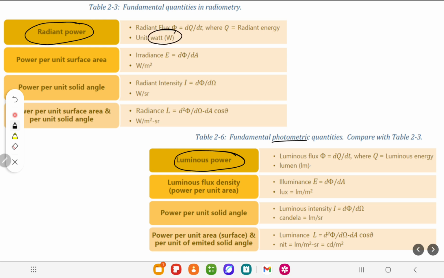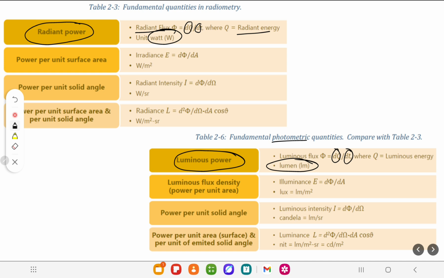But in the case of photometry, we call it lumen. In radiometry, radiant flux is the amount of radiant energy per time. In photometry, it's the amount of luminous energy per time. But same thing, okay? So we are comparing radiometry with photometry.